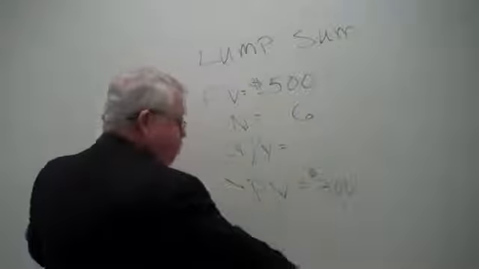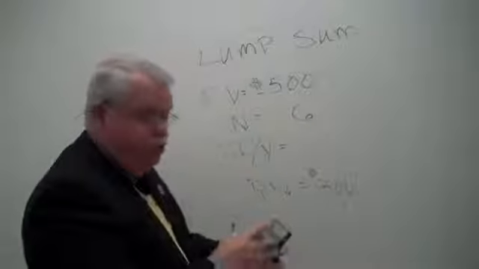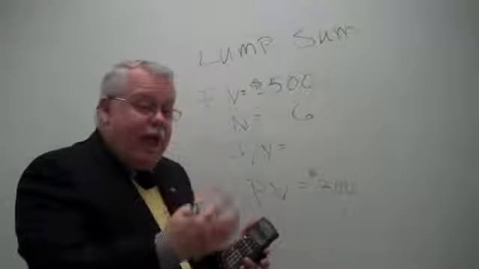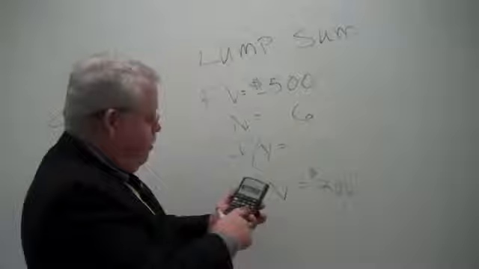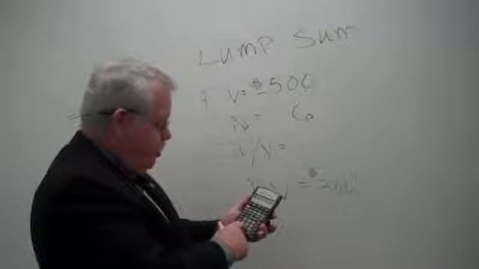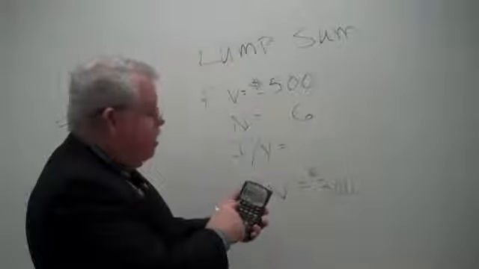What interest rate would I have to earn? And so I can load the calculator. I'm going to go back through here and clear the memory registers just as a good habit. Before every calculation, I want to clear those memory registers. I'm going to put negative 500 for future value. I'm going to put 300 for present value. I'm going to put 6 for N.